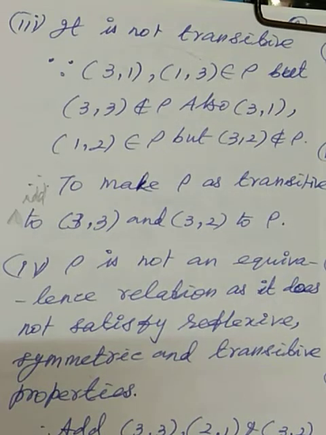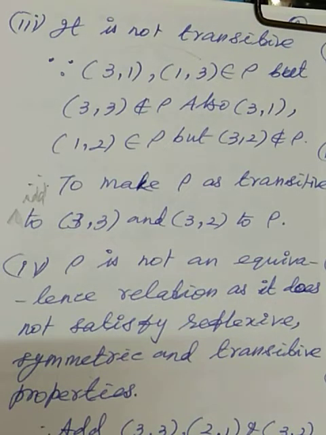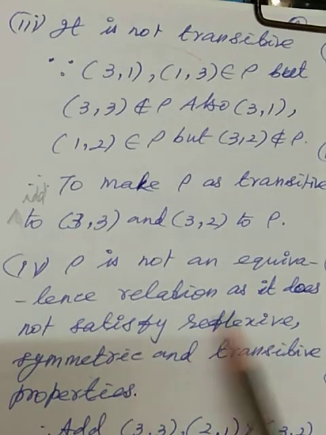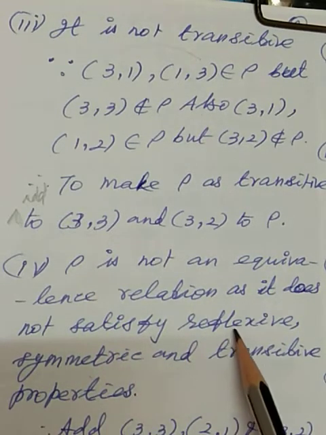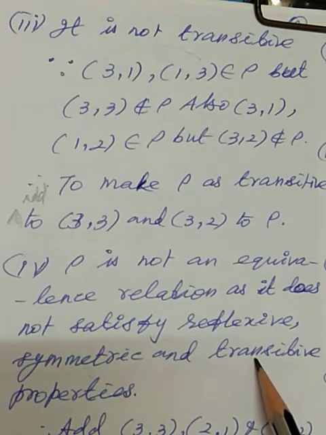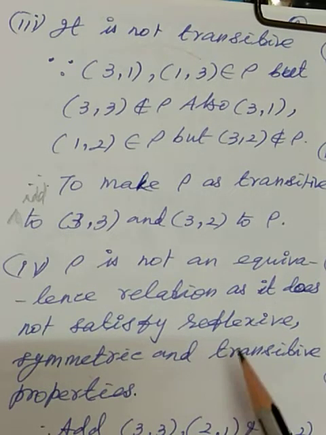Is rho an equivalence relation? If not, write the minimum ordered pairs to be included to rho so as to make it an equivalence relation. So rho is not an equivalence relation as it does not satisfy the reflexive, symmetric and transitive properties, and hence it is not an equivalence relation.